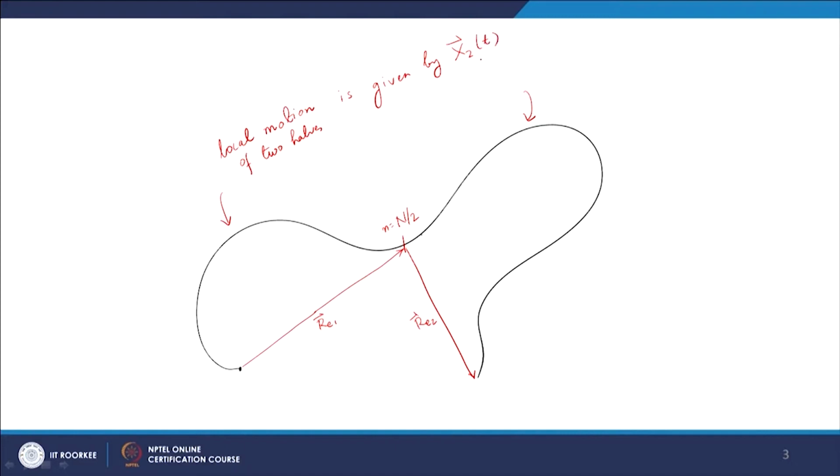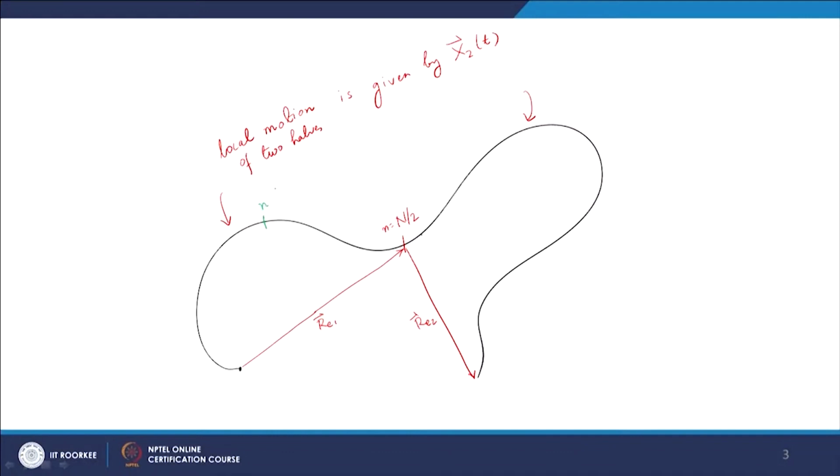Okay. Similarly, if I now divide the chain into three parts, and I am using a different color again, we will have divisions at N by 3, 2N by 3 and so on.